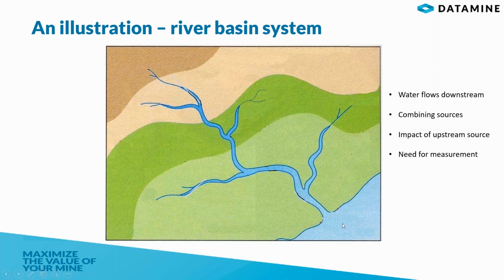That could be a pond, or in this case, an ocean. As you can see in this system, any changes in terms of volume of water flow, or of the quality, would in fact impact the quantity and the quality downstream.